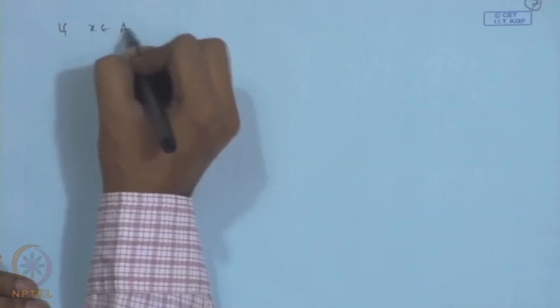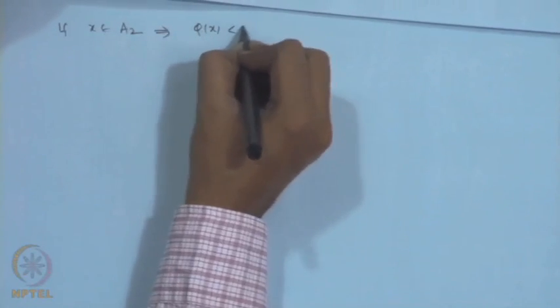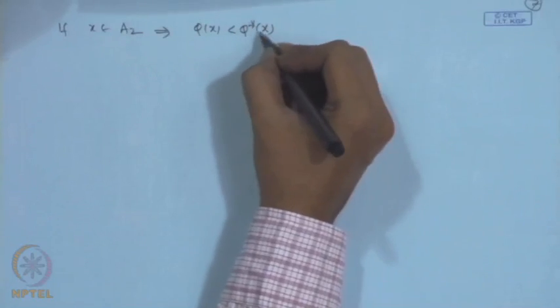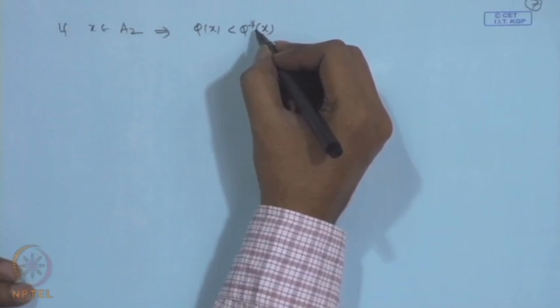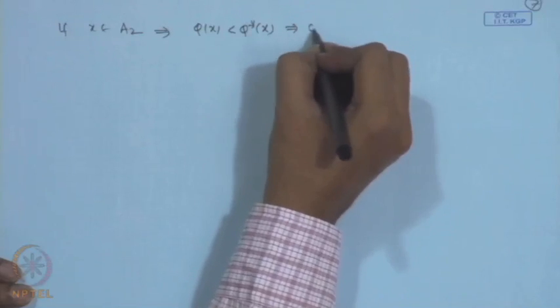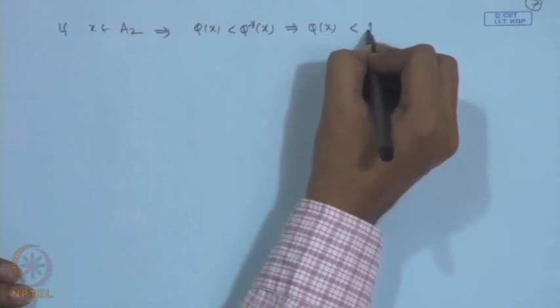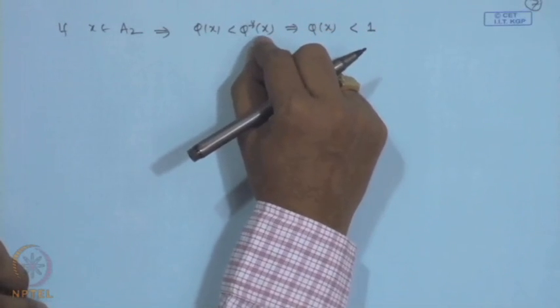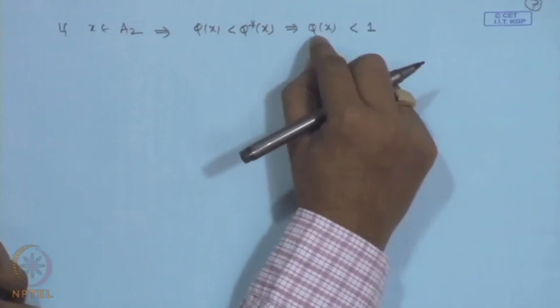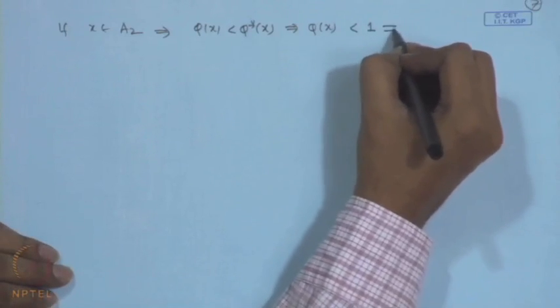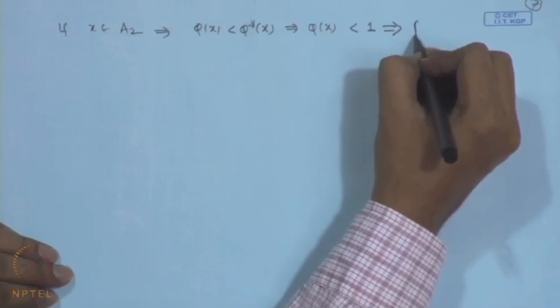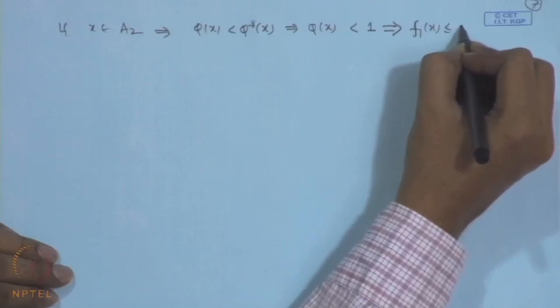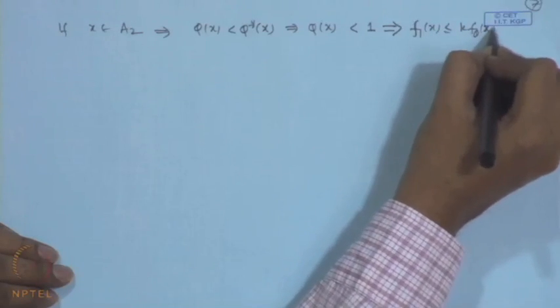Now, if I take say x belonging to A2, then this will imply phi x is less than phi star x. So, this implies that phi x must be less than 1, because the other region is not possible. You can't have phi star equal to 0 and then phi x less than 0. Therefore, phi x must be less than 1, but this is about the region that f1 x is less than or equal to k times f naught x.